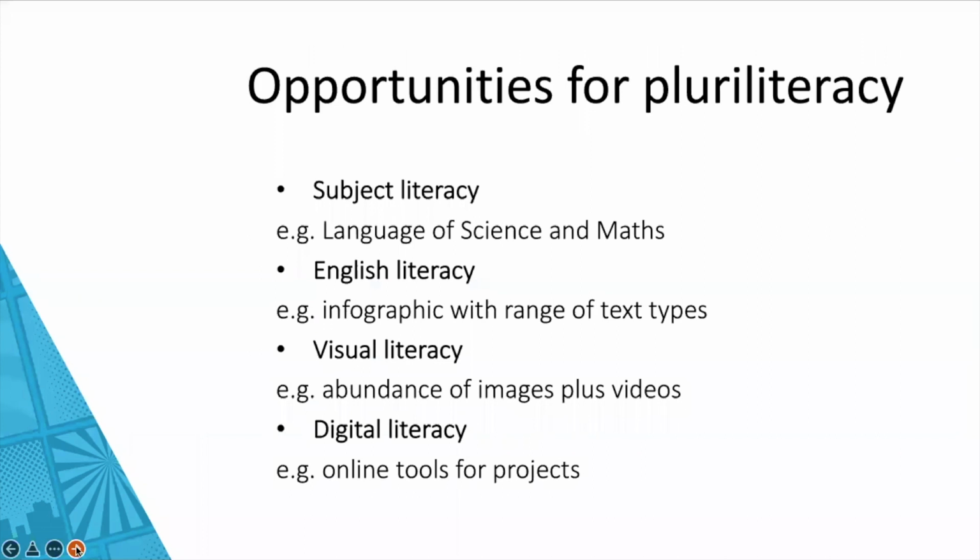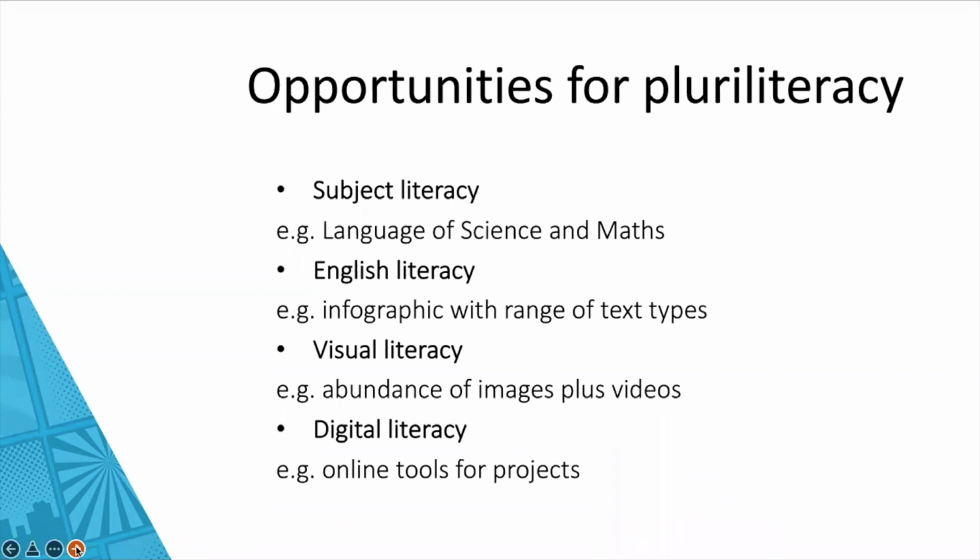My last point here relates to the Beyond CLIL book that I mentioned at the start of the talk. And it's about opportunities for pluriliteracy, and there are ample in Superminds. So for subject literacy, for the science, you saw them reading properties from the Carroll diagram at a young age, and the maths describing patterns using maths language of shapes.